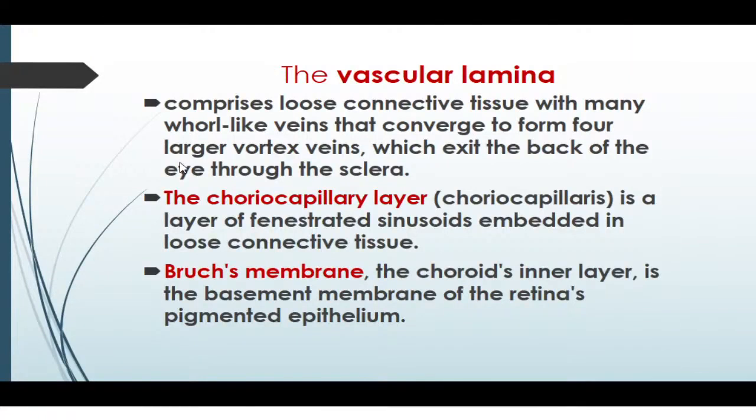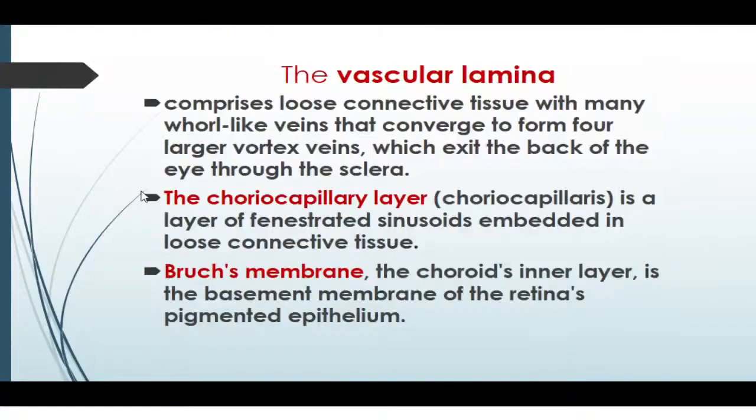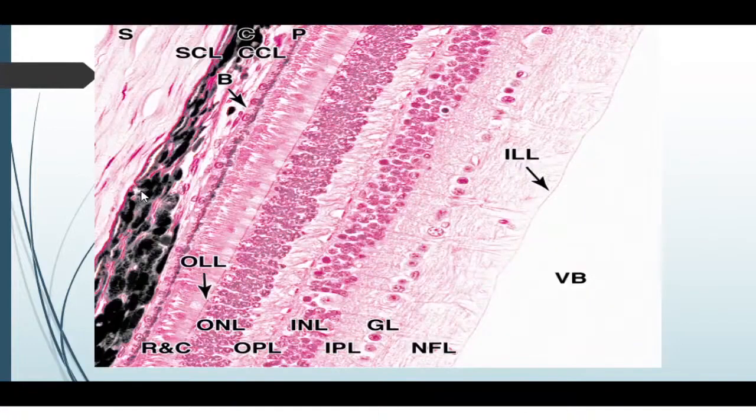Again, this is the choroid. From outside, again, lamina fusca outside, and the perichoroidal space is also visible here.